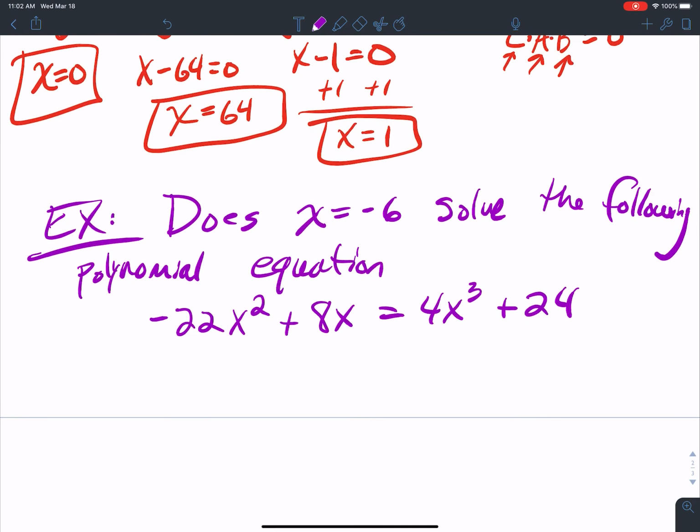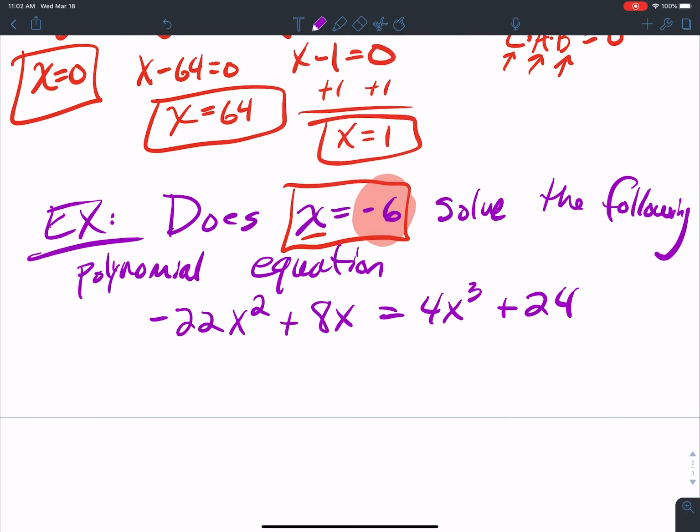All right, how do we check to see if something solves an equation? Everywhere I see an x, I'm going to replace it with -6. The key here is to put parentheses around what you replace with.